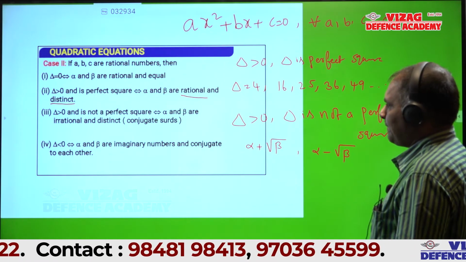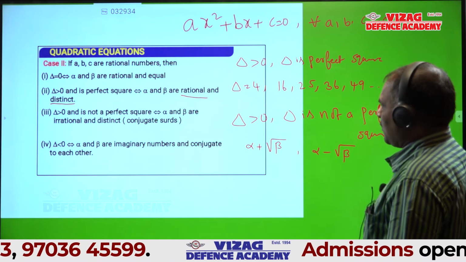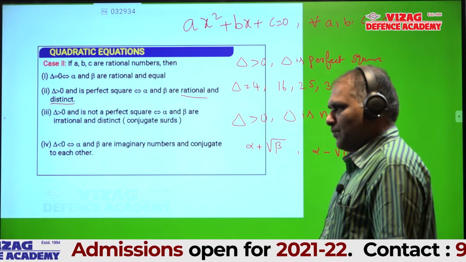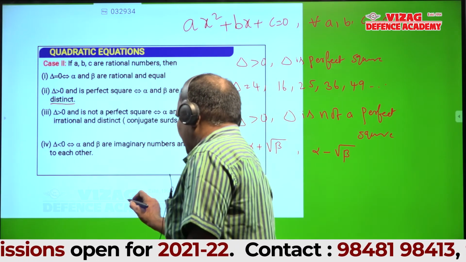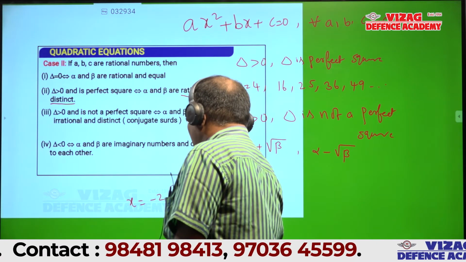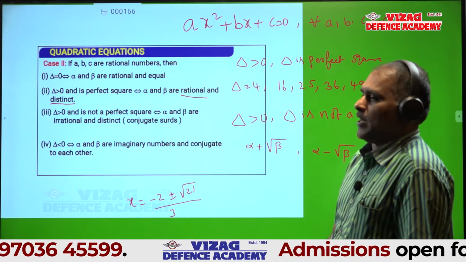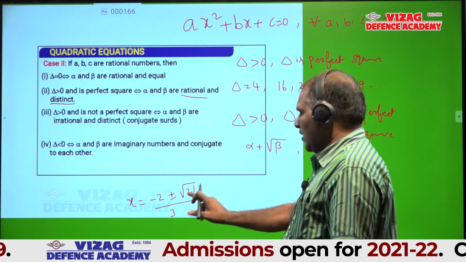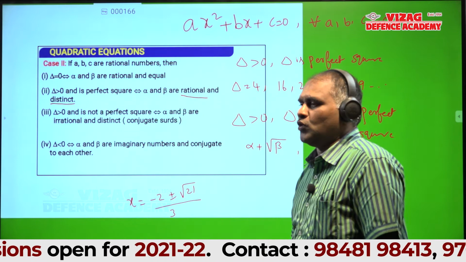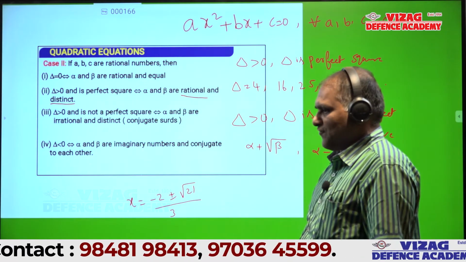Anyone? Again, listen. If a quadratic equation gives x equal to minus 2 plus or minus root 21 divided by 3, for example, 21 is positive but not a perfect square.